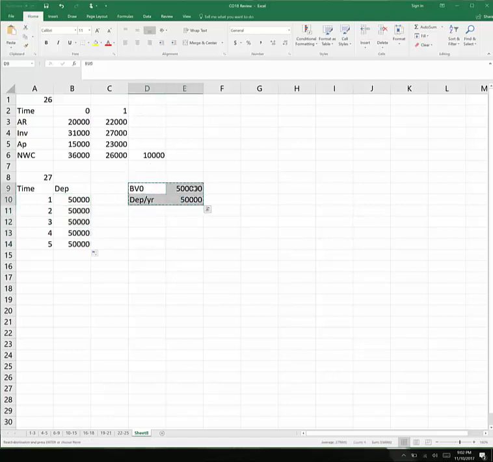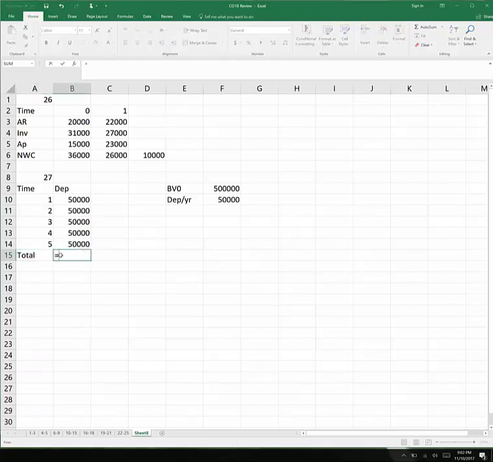Let's move these over. So our total depreciation is going to be the sum of that $50,000 depreciation each year for 5 years. Call this book value 5.